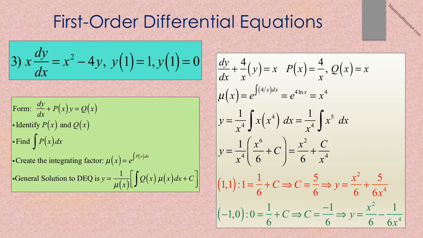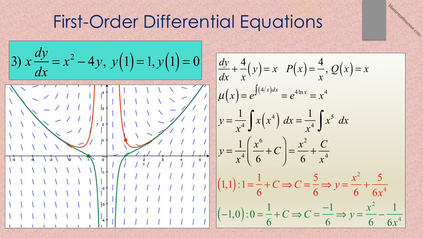And that gives 1 over x to the 4th, integral of x to the 5th dx, or 1 over x to the 4th times x to the 6th over 6 plus c. And expanding, this becomes x squared over 6 plus c over x to the 4th. That is our general solution.